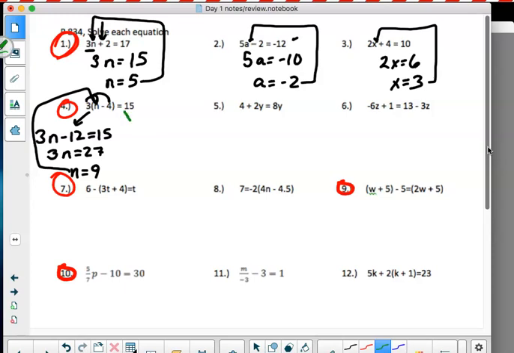If I divide by 3 first, now I know n minus 4 is equal to 5, because if I divide this by 3 and this by 3, I dump the 3, that's where my n minus 4 came from, and 15 divided by 3 is 5. At this point, I can add 4 to both sides, and n is 9. It's the same answer, a little less work, and I've justified where I've done my work, okay? So you have a choice when you do that. It's up to you. Both are correct.